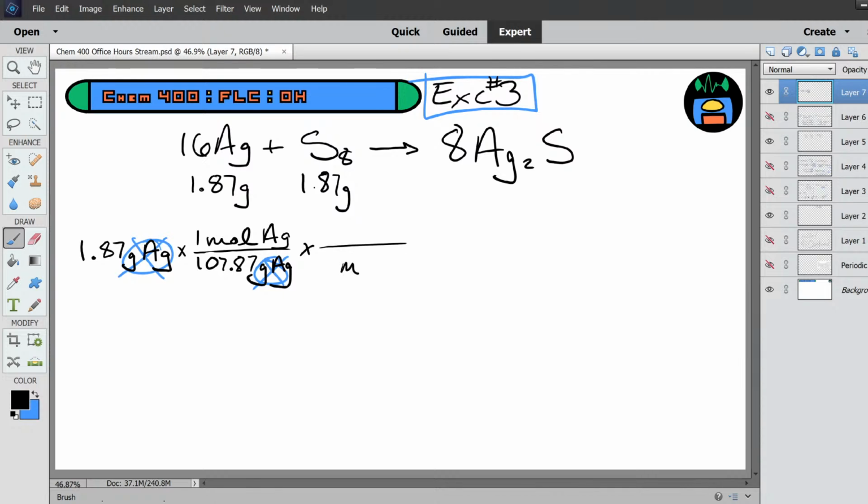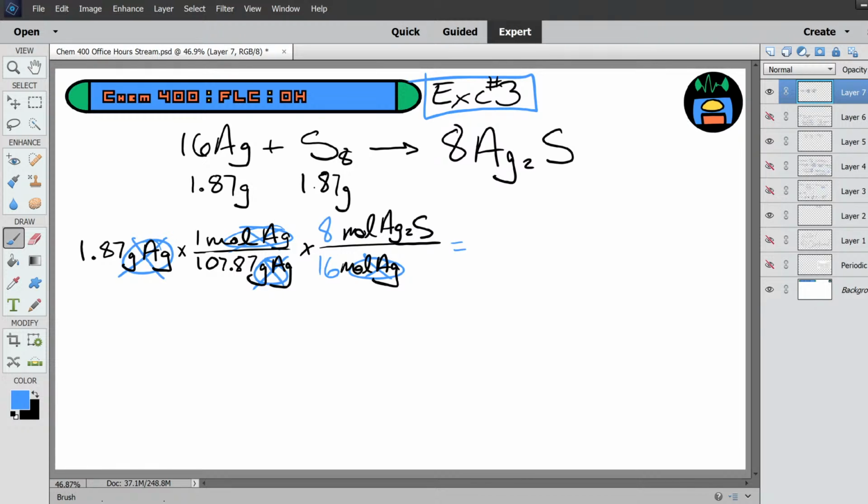Next, we're going to go from moles of silver to moles of silver sulfide. And here 16 moles of silver produce 8 moles of silver 1 sulfide. Moles of silver cancel. And this is where I'm going to stop because we don't actually need to know the grams of our product produced, or at least in this part.